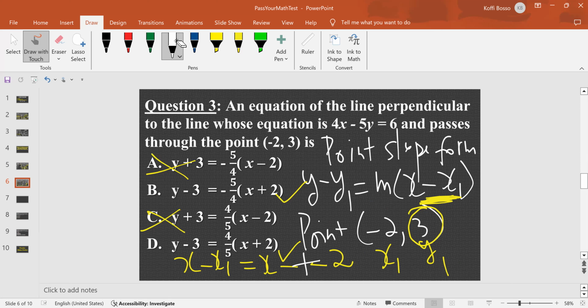So x minus -2 will turn to x plus 2. Now we're going to check the two equations left to see which one has x plus 2. And you see that both of them have that x plus 2. So the difference now will be for the slope.